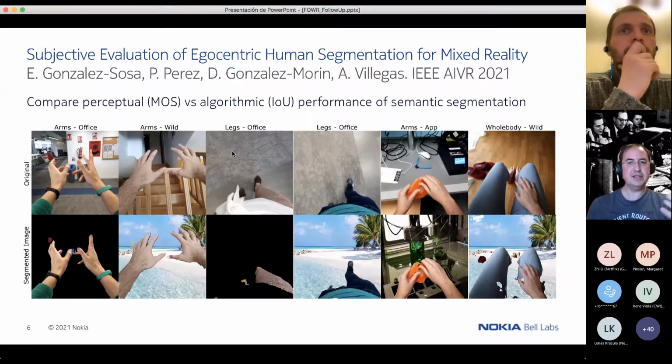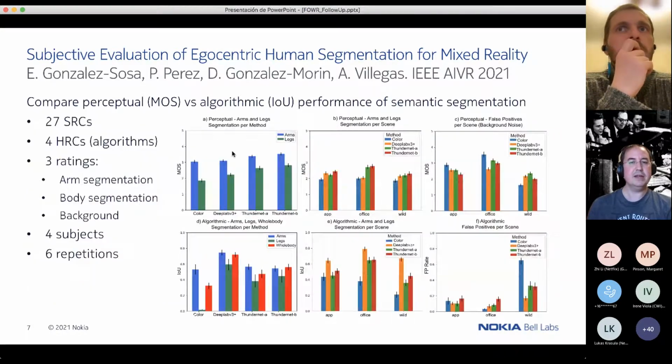So this is the bottom line of the whole thing. And at least it has served us to compare the perceptual versus the algorithmic performance of the semantic segmentation, and to be able to select.